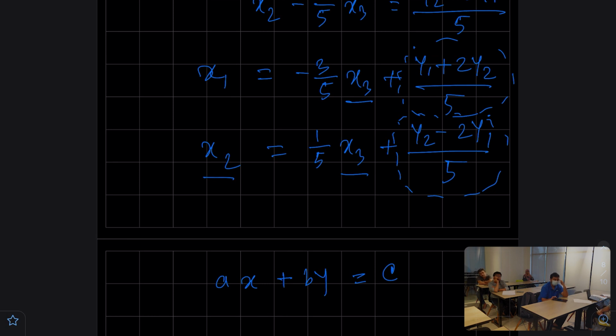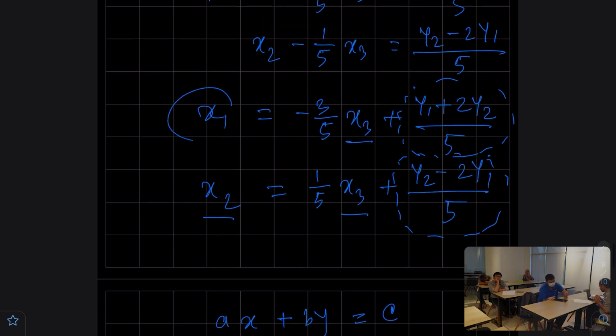That's why we call these variables free variables. But you cannot assign arbitrary numbers to x1 and x2. They are kind of bounded. That's why we say these are the leading variables. And the leading comes from the fact that in the row reduced matrix, there is only one leading one in a row. That's why.